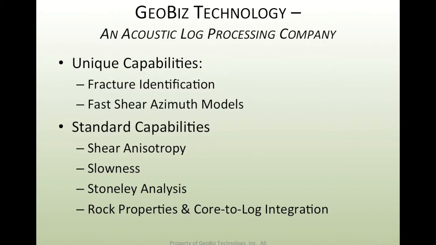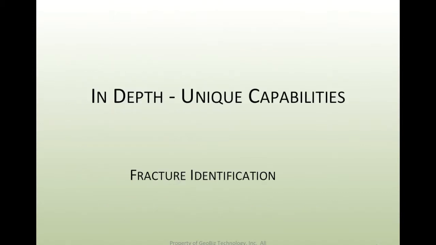But we also have the standard capabilities, which we define as your shear anisotropy or slowness or standard petrophysical analyses, but those things we went over in more depth in another video, which you are more than welcome to look at if you haven't already. These slides are just going to focus on the unique capabilities.